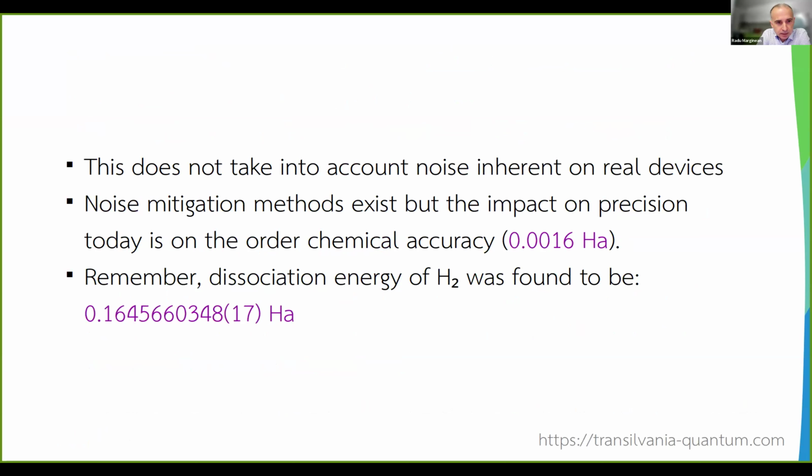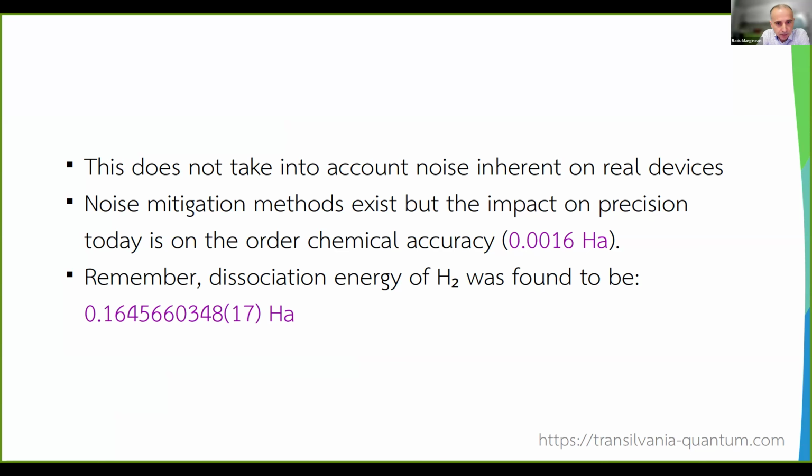Now, this discussion does not take into account the noise, which is inherent in all real quantum devices. The results that I showed you were obtained using ideal simulators. And when you take noise into account using the current devices, the impact of noise is comparable in size with the chemical accuracy.